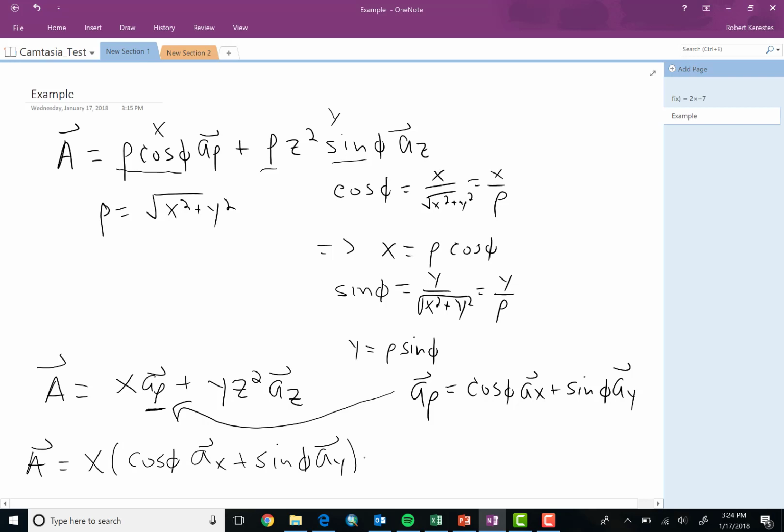And then we have plus yz squared Az. Okay, so we're getting a little further, but the problem here still remains that we still have cosine of phi and sine of phi.